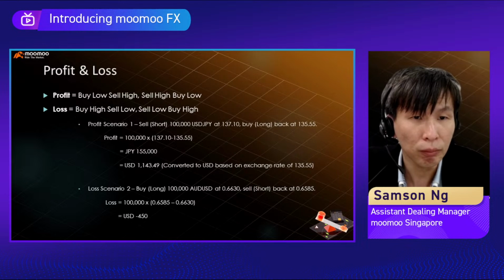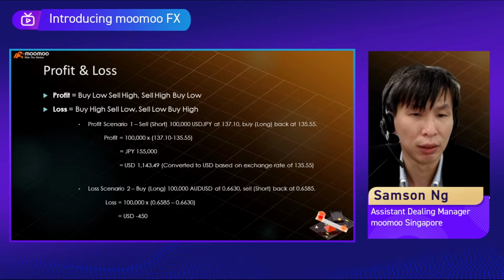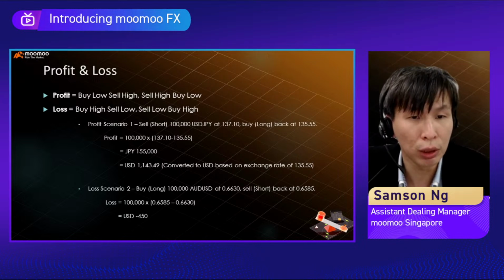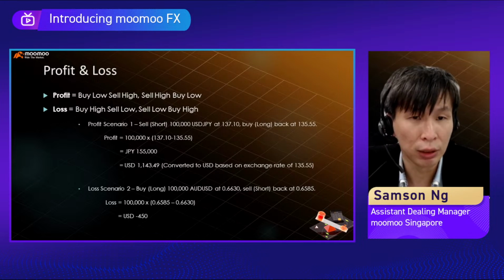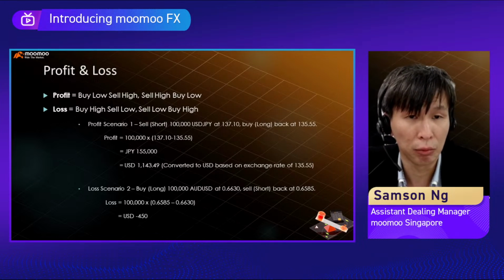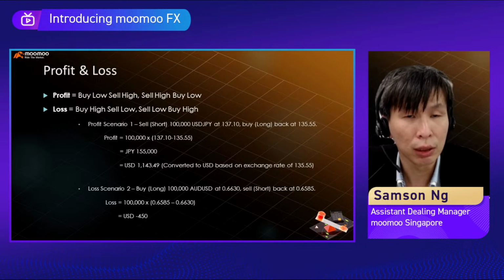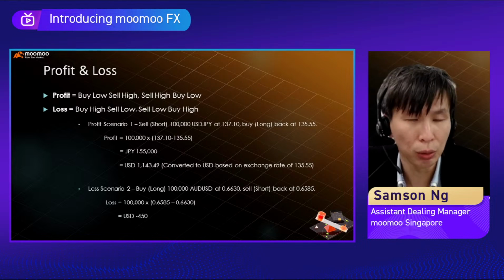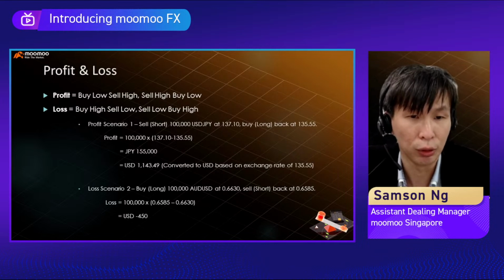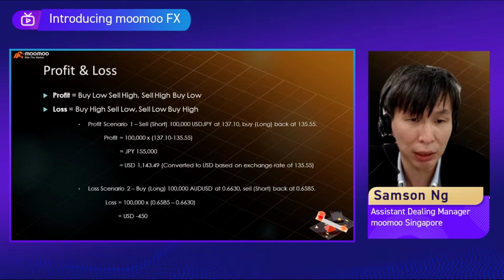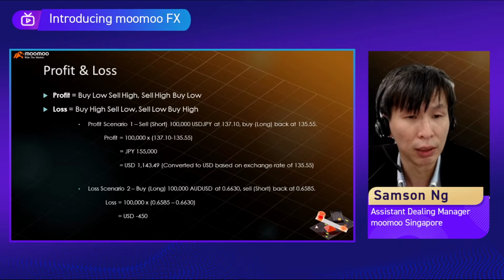The formula is 100,000 times the difference between the buy and sell, which is equal to 155,000 yen. Because the yen is the quote currency, we have to exchange it back to US dollars, which is equivalent to about $1,000-plus USD.